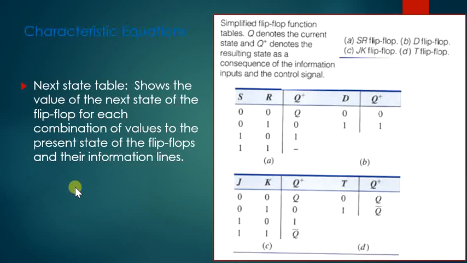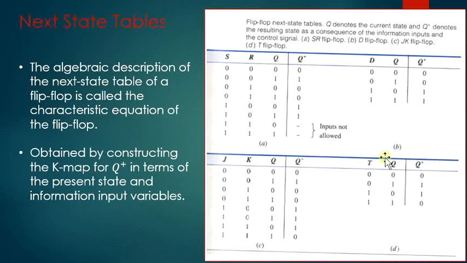So let us define what is a next state table. A next state table basically shows the value of the next state of the flip-flop for each combination of the values of the present state of the flip-flop and their information lines. So if you look at this particular table, here we have the various flip-flops which show the present state, that is Q, and the next state, that is Q plus.